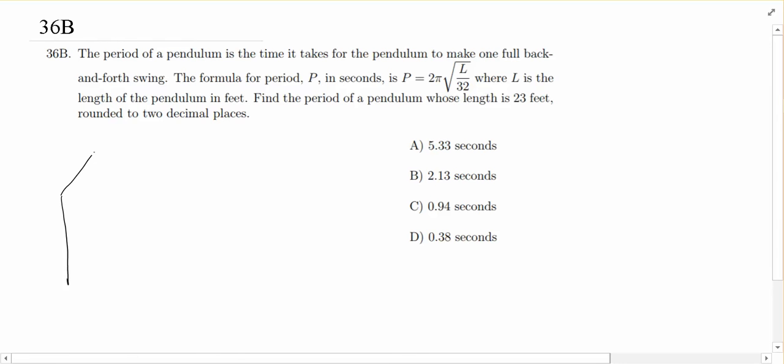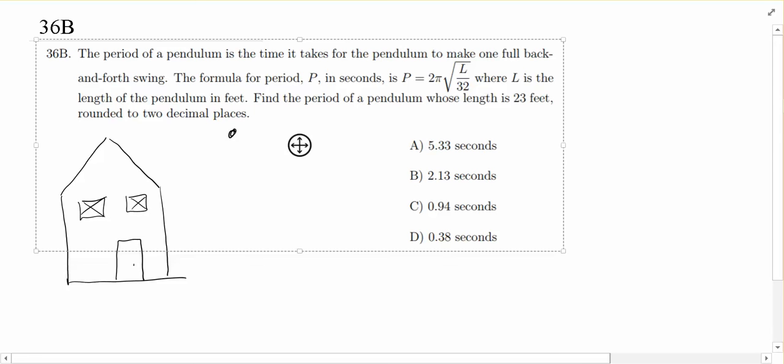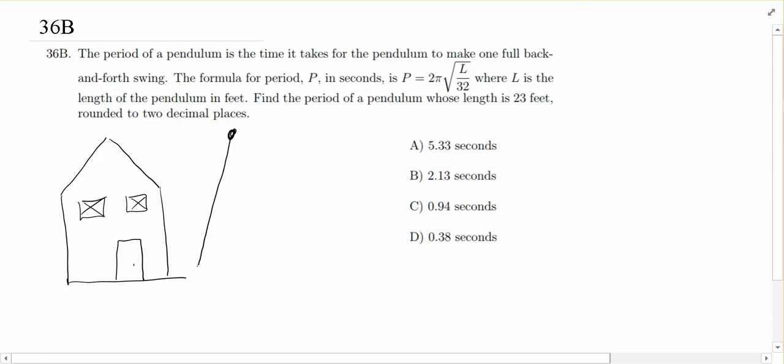So we have a house here on the ground. Here's your door, couple windows. I'm no artist. And we have a pendulum that is as tall as this house that's going to go back and forth.